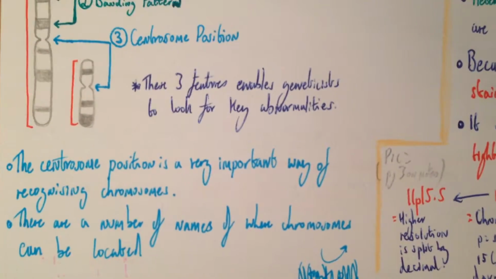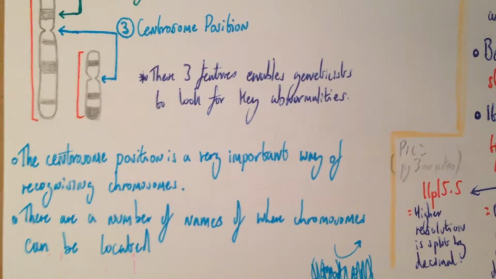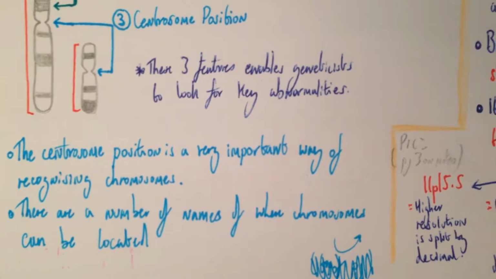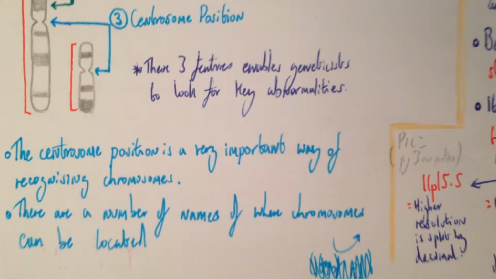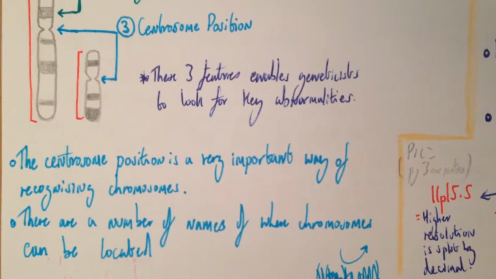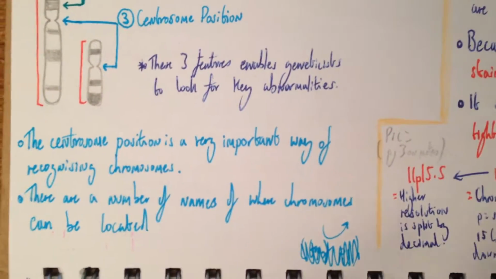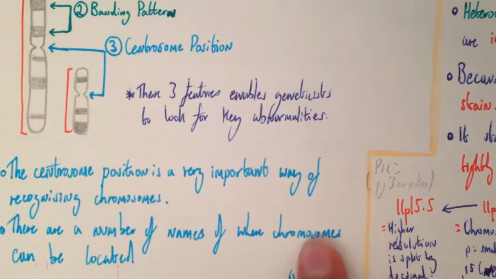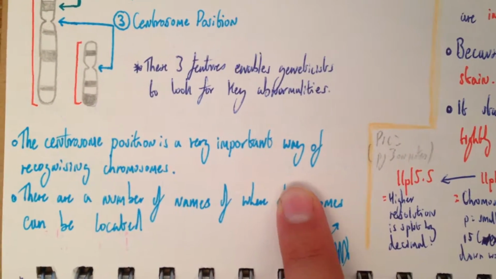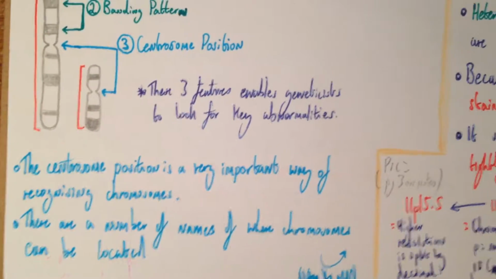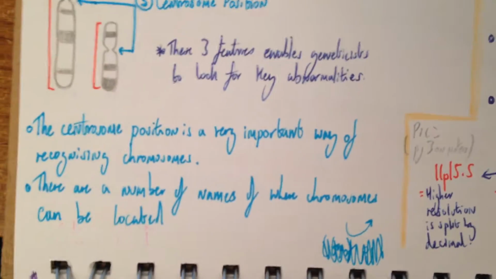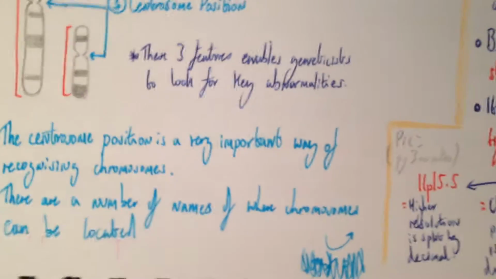The centrosome position is a very important way of recognizing chromosomes. We name chromosomes differently depending on where the centrosome is located, and we can see this up here.